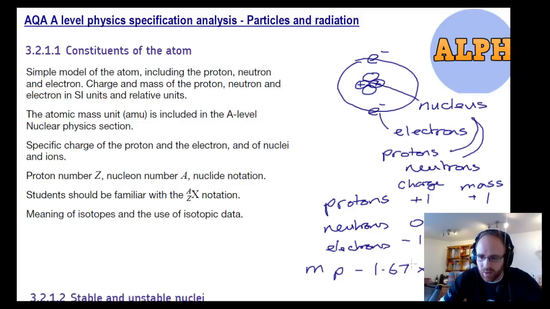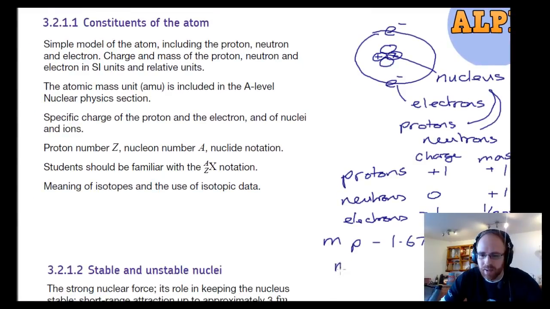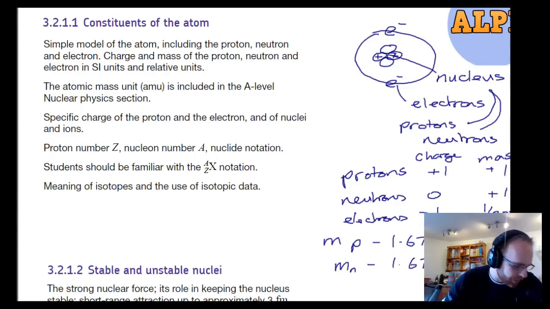So in your data book it puts a bracket 3 in there, and the reason is actually the mass of the neutron is almost the same, 1.67 bracket 5 times 10 to the -27 kilograms. So neutrons are slightly heavier than protons, and that's good because then they can decay via beta decay into electrons.